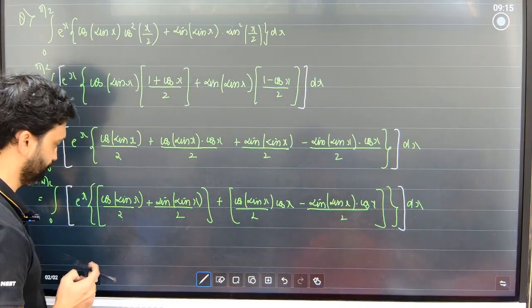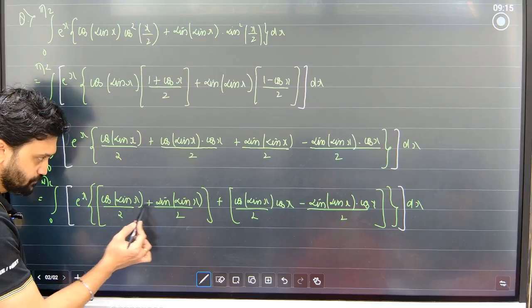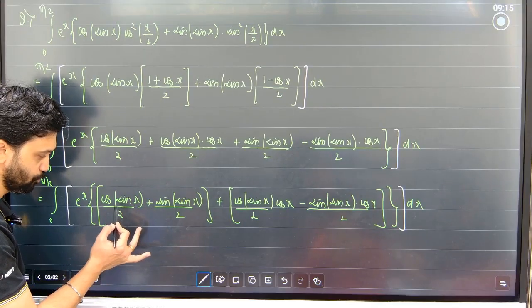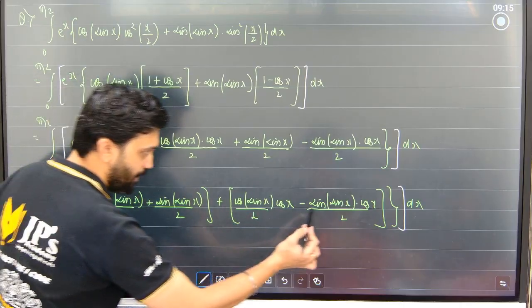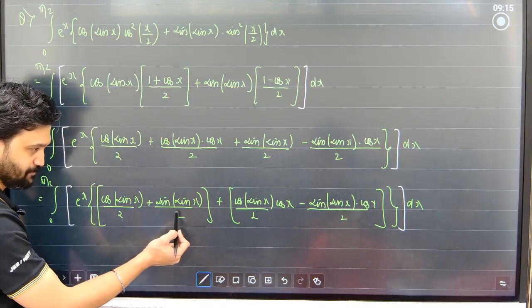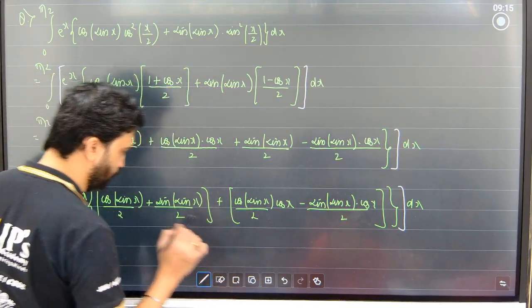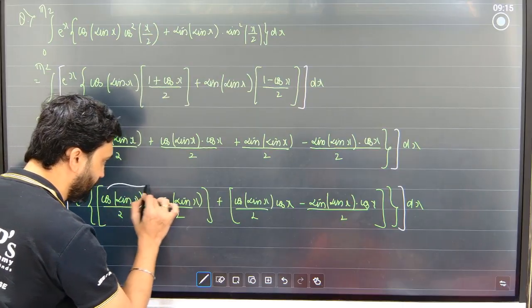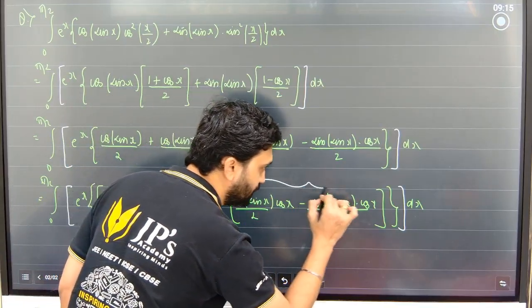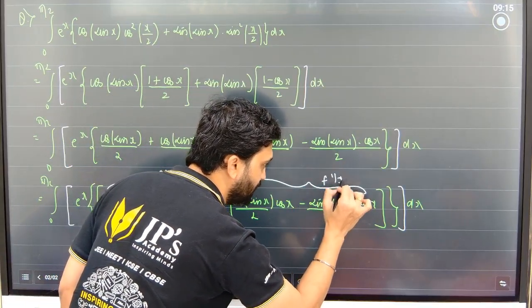Now if you see, the derivative of cos of sin x by 2 will become minus sin of sin x by 2 into cos x. The derivative of sin of sin x by 2 is cos of sin x by 2. So this entire part is your f of x, and this entire part is your f dash x.